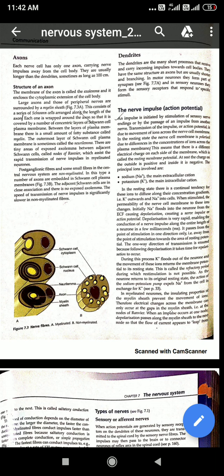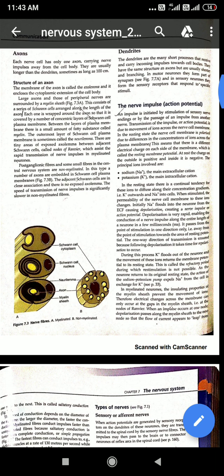This is called the refractory period, during which re-stimulation is not possible. When the neuron returns to its original resting state, the action of the sodium-potassium pump expels sodium from the cell in exchange for potassium. So this is all about action potential.